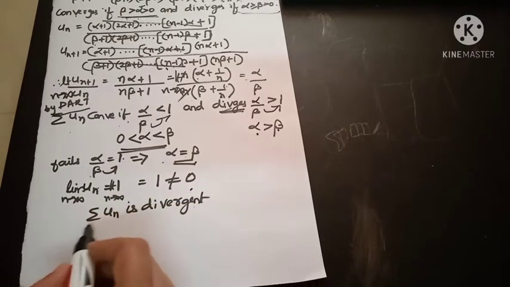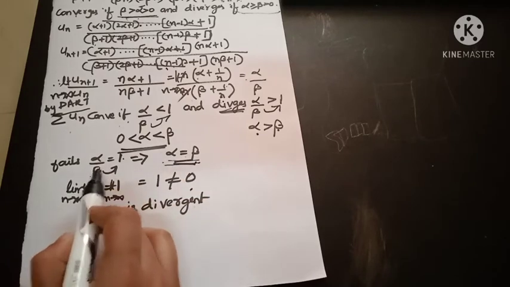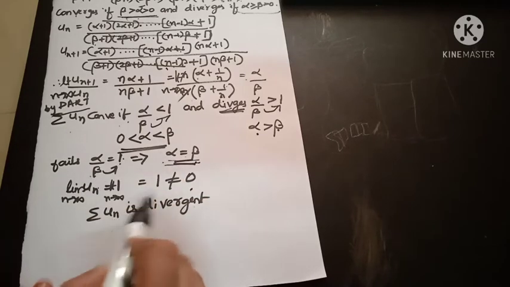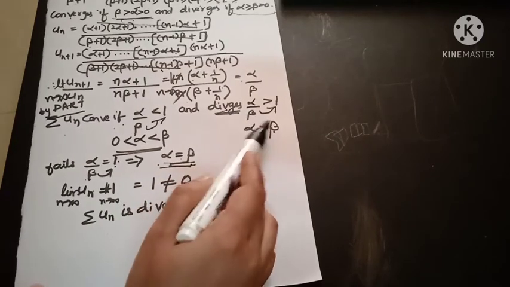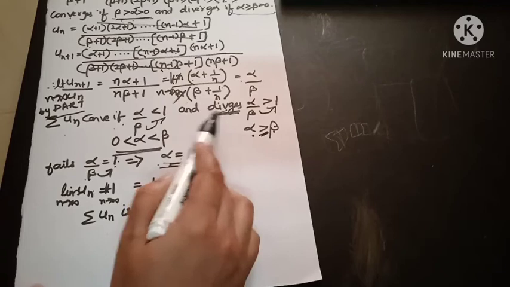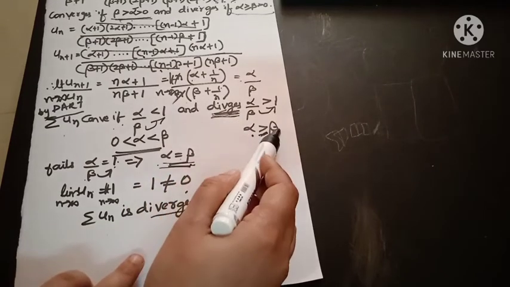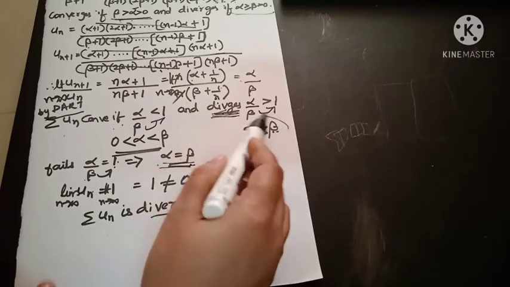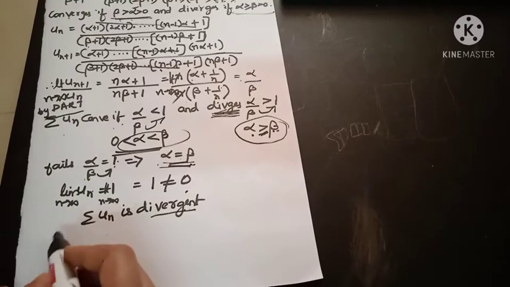So when alpha is equal to beta, or when alpha by beta is equal to 1, the series un is divergent. We got the result that when alpha is equal to beta, the series is also divergent. So we'll write these conclusions combined.